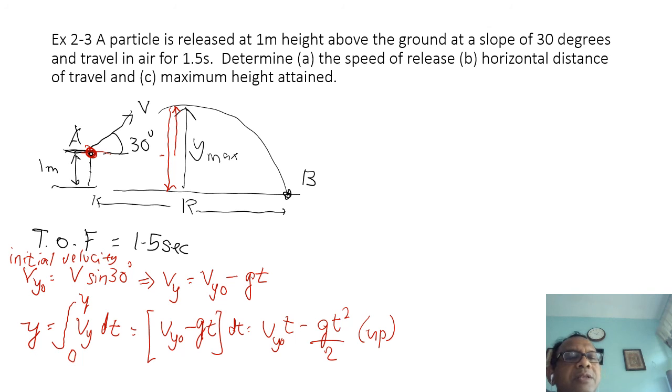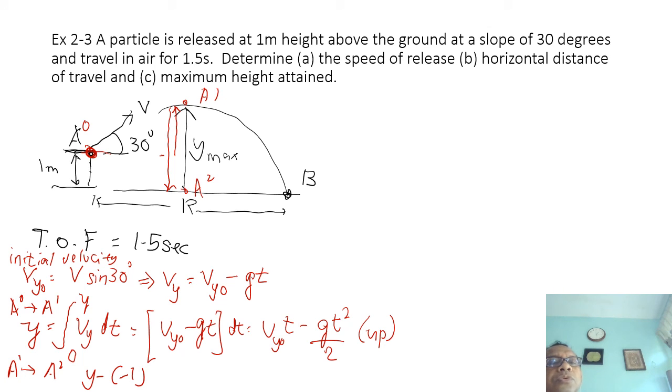So on the way down, let's say this is point A. This is A0. This is A1, and this is A2. So this is from A0 to A1. From A1 to A2, when it starts to fall down, the distance traveled is y minus 1, because it's going down.